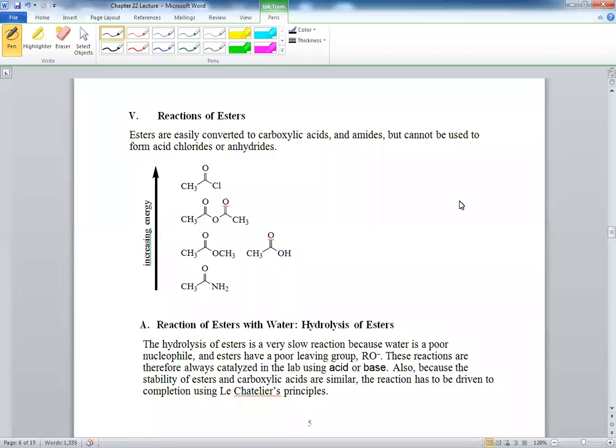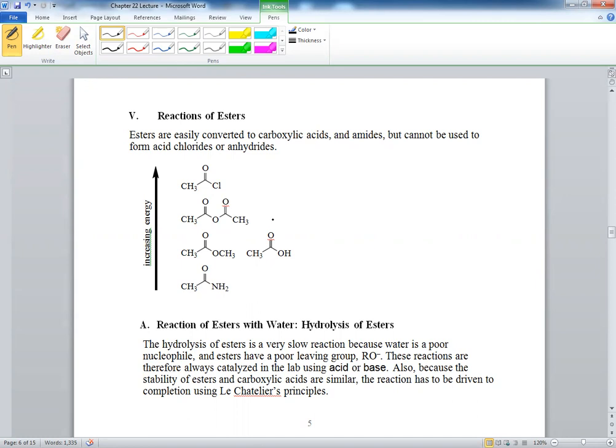The reactions of esters. Esters are the third carboxylic acid derivative compounds, and let's talk about their reactions. Esters are easily converted into carboxylic acids and amides, but cannot be used to form acid chlorides or anhydrides.